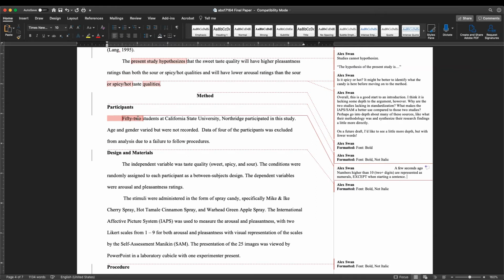And here is where I am focusing on the participants. So I spend a little bit of time on the participants. So I give a little number rule, and I give where to find it in the 7th edition of the APA manual. But one of the things that I will say is that it's a good idea to make the participant section as comprehensive as possible.